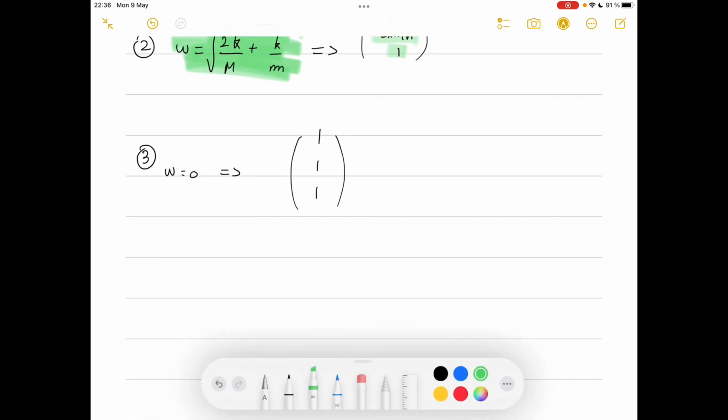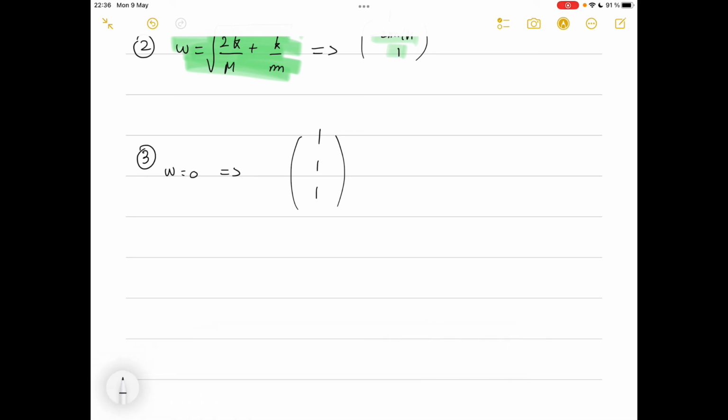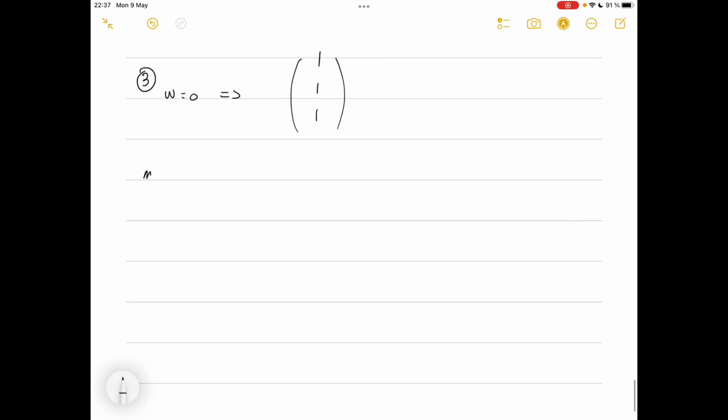Next we have the interesting case where omega becomes 0, and we see that they're all moving with the same amplitude, but this is actually not simple harmonic motion, because if we look at the equation m x double dot plus m omega squared x equals 0, which is the equation for simple harmonic motion, we see that if omega equals 0, we have x double dot equals 0.